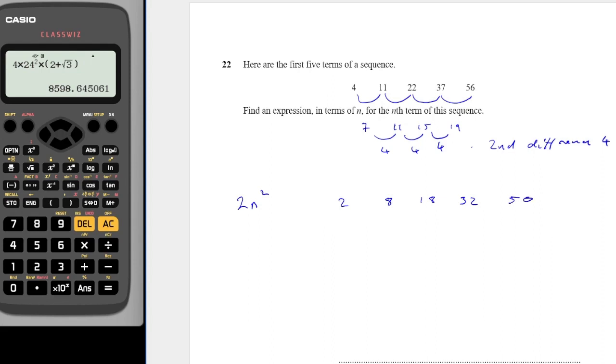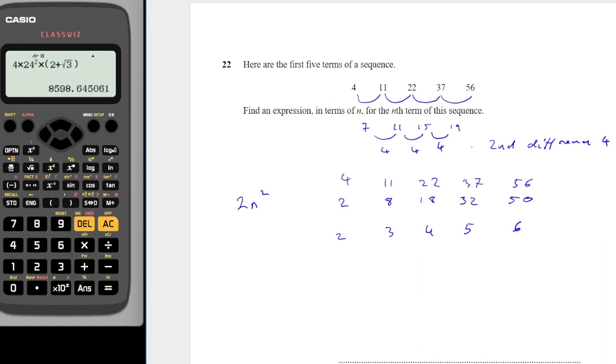But if I compare that to the actual terms, which were 4, 11, 22, 37 and then 56, the difference between these numbers is 2, 3, 4, 5, and 6.